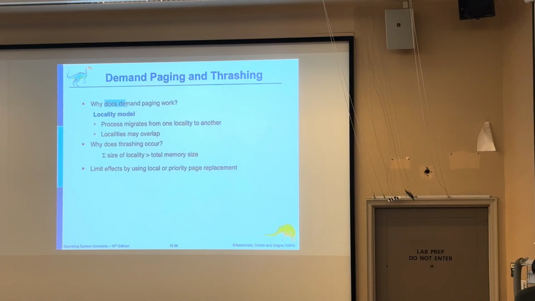So first, why does demand paging work? Why is it the case that we can use a very small amount of physical memory as cache, and provide service for a large number of processes? Because in any modern computer, there are hundreds to thousands of processes running at a time.